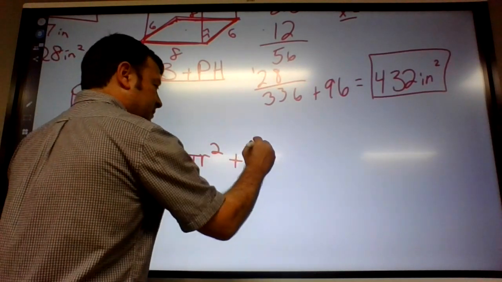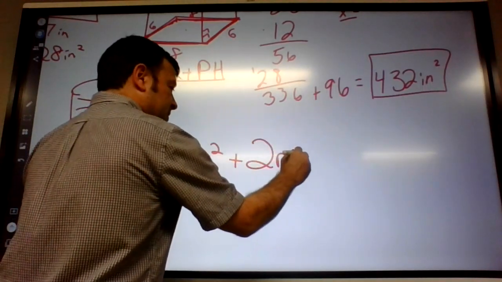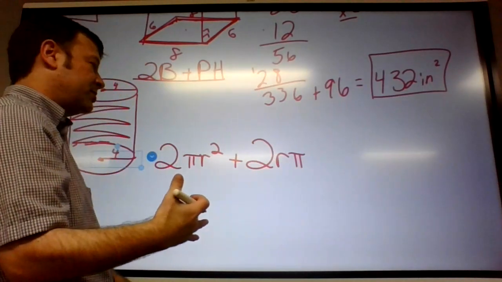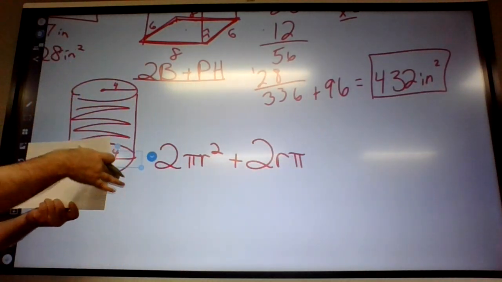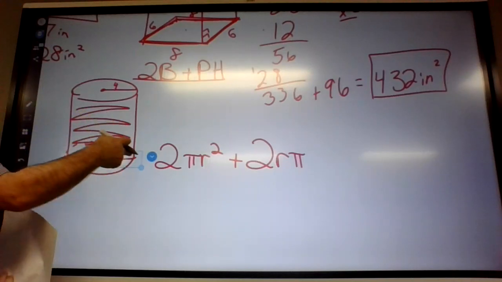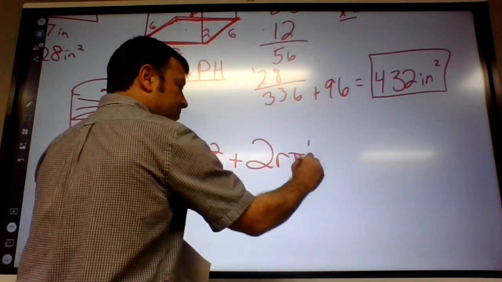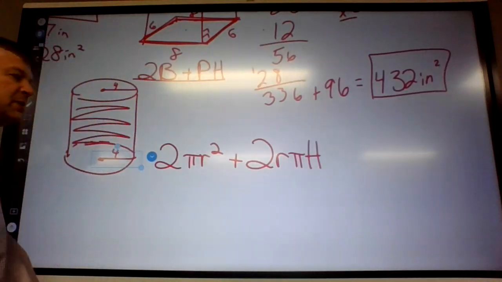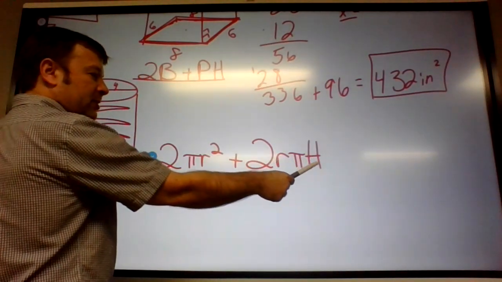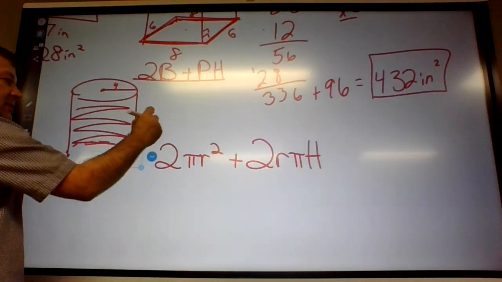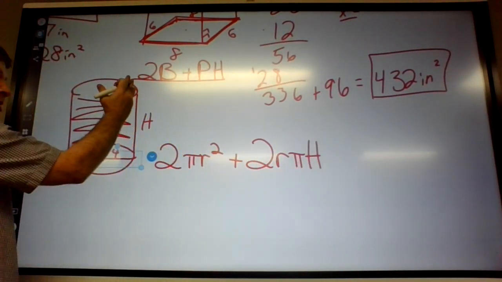What's the circumference of a circle? Diameter times pi, or 2 pi r. What's the height of this rectangle? It's the same as the height of the cylinder. So, H. The reason I'm using capital H is because I'm talking about the height of the three-dimensional object.